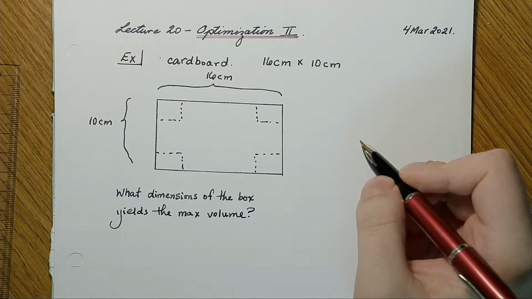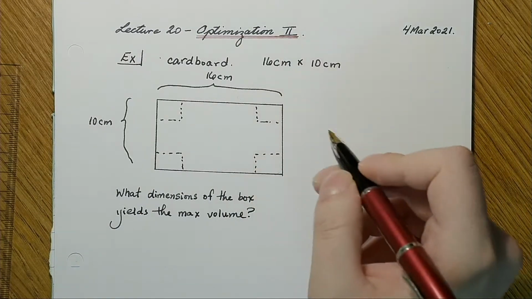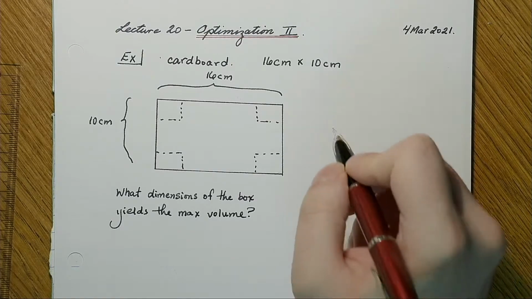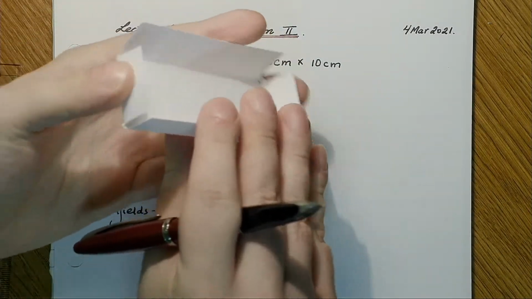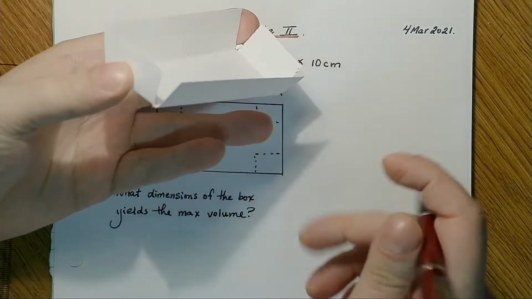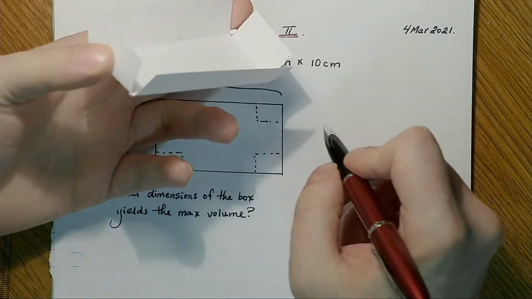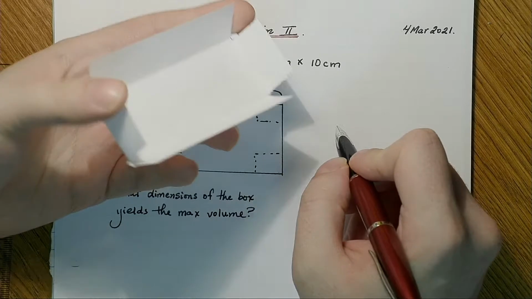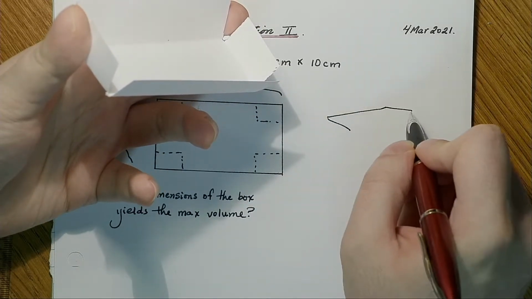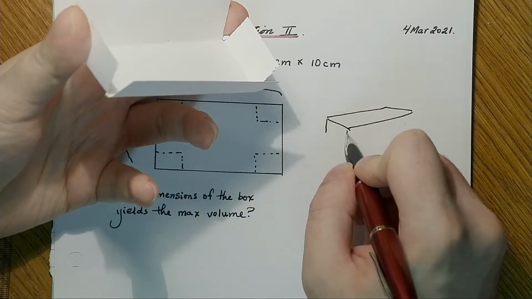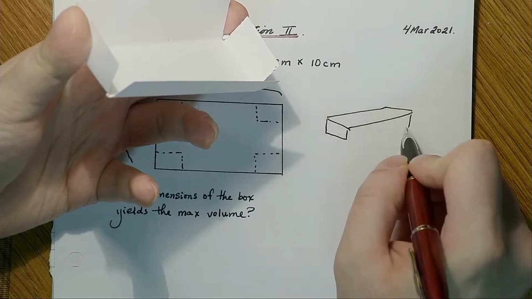Okay, so we have this kind of thing, and then the other one is we'll have some sort of box. I'll try to draw a 3D, there we go, something like that.